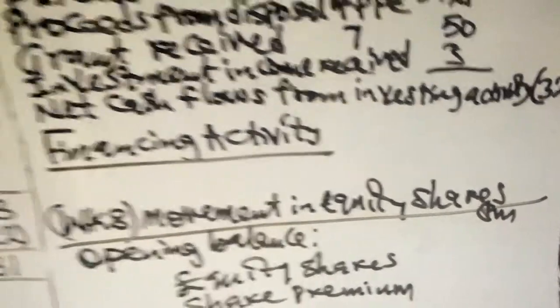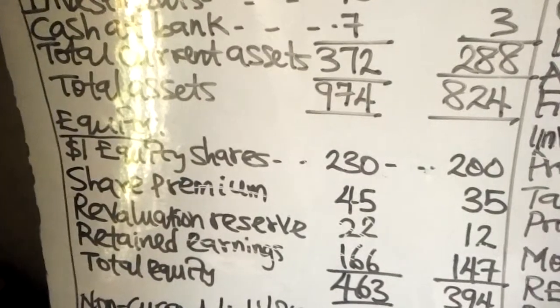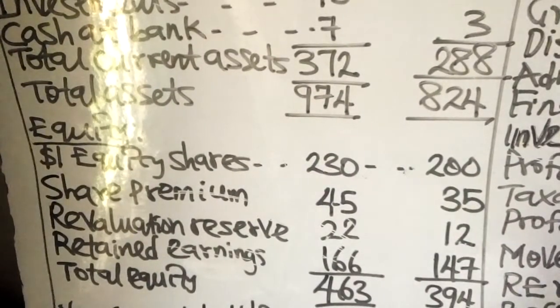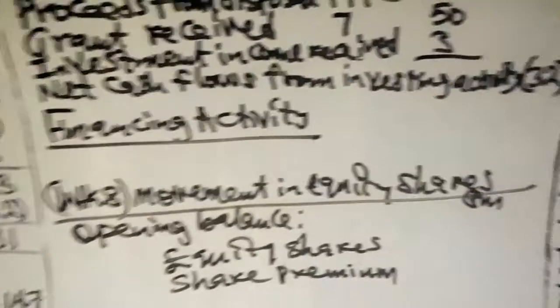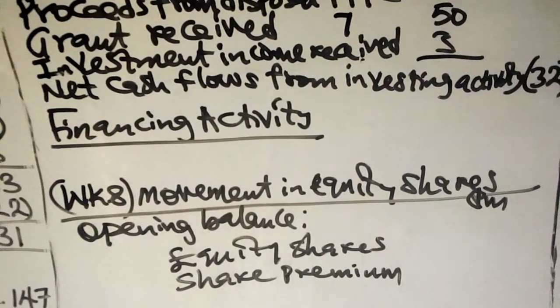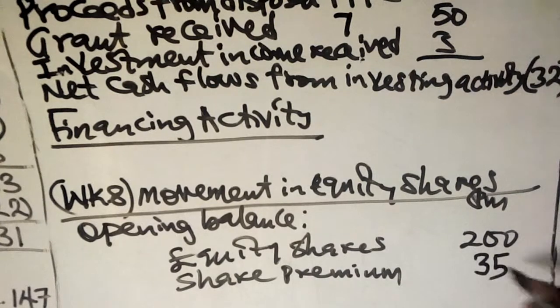Now let's go through the equity section of the statement of financial position. The opening balance of equity shares is 200 and the opening balance of share premium is 35. So let's bring the two into our working: 200 and 35.